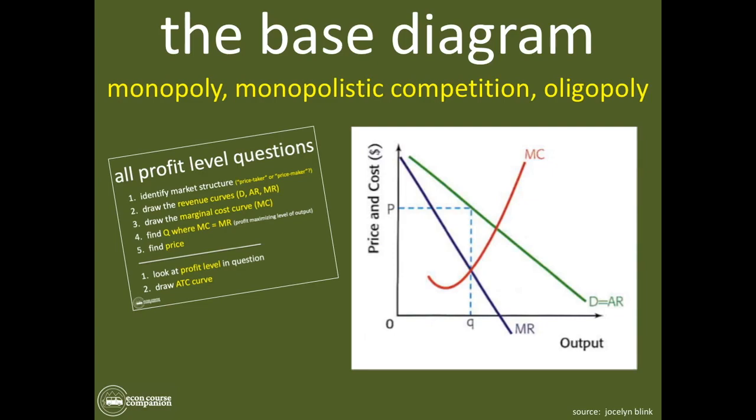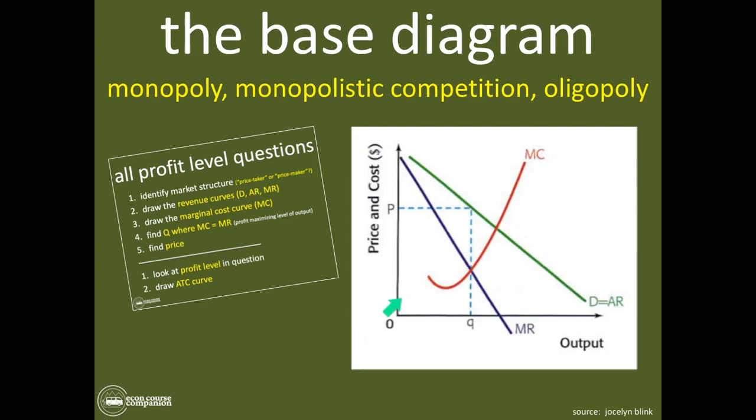Why is it that it looks different? Because they get to make their price, and therefore they can choose what price they want. They want to charge this, they want to charge that. They can choose, unlike those firms operating in the price takers marketplace.